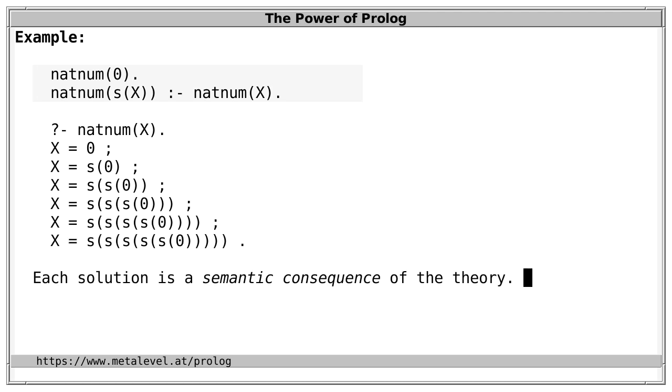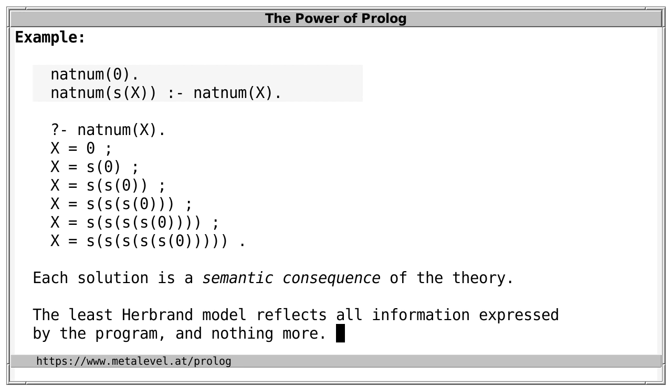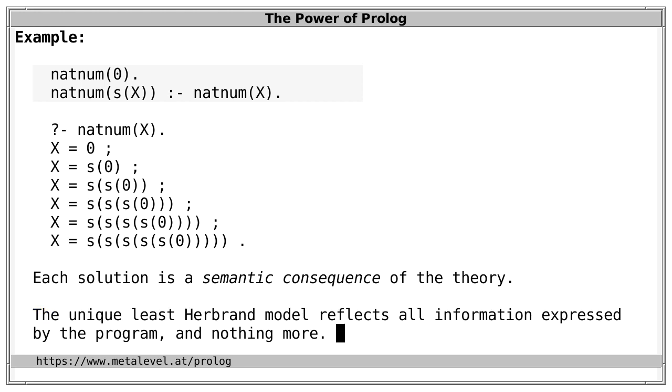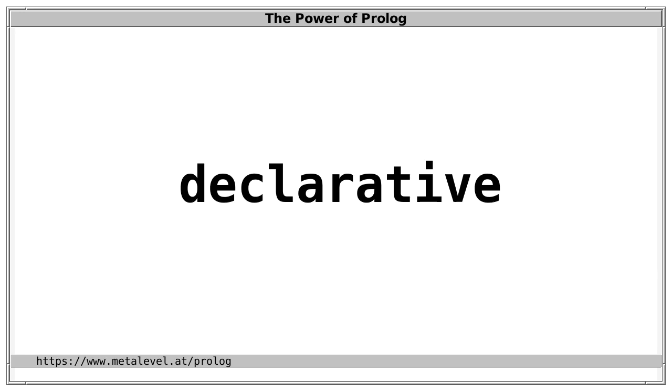And each of these solutions is a semantic consequence of the theory, so this holds in all models of the theory. And intuitively, the least Herbrand model reflects all information expressed by the program and nothing else. And we can really say the least Herbrand model, because one can show that the least Herbrand model is unique.